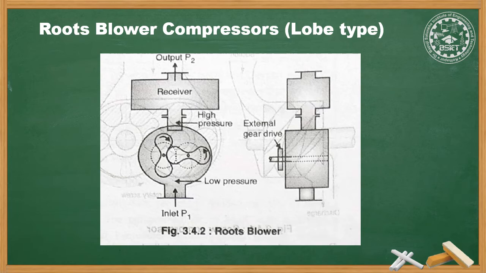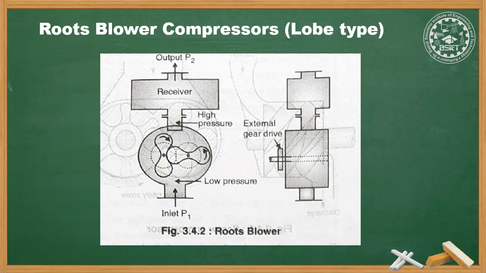Air leakage through the clearance decreases the efficiency as the pressure ratio increases. During the rotation of rotor, the volume of air V at atmospheric pressure P1 is trapped between left hand rotor and casing. This air is positively displaced with change in volume until the space opens to high pressure region.